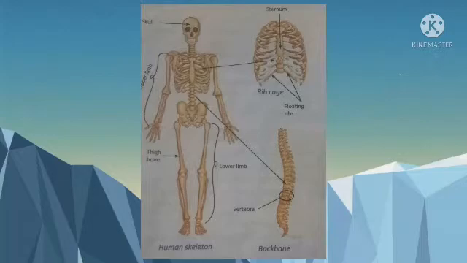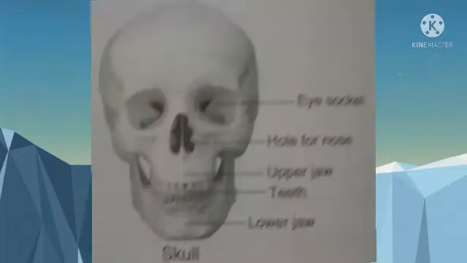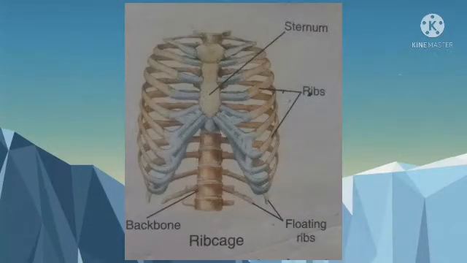Good. Children, the bone structure of our head is known as the skull. The skull is made up of 22 bones. Only the lower jaw bone is movable. Next, rib cage. Ribs are thin and curved bones that form a cage in the chest called the rib cage.